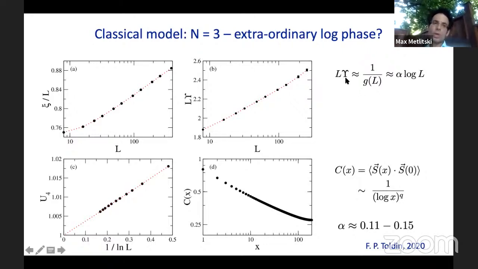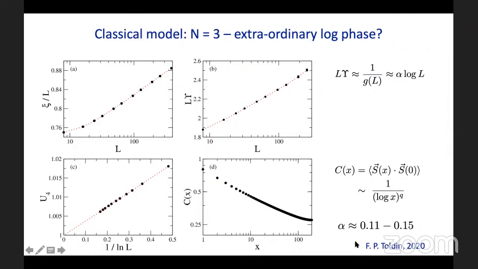Remember, we are saying that in the extraordinary log phase, the surface stiffness grows logarithmically. In fact, the surface stiffness will dominate the stiffness of the entire system at large system size. And indeed, we see that the stiffness grows roughly logarithmically, like so.